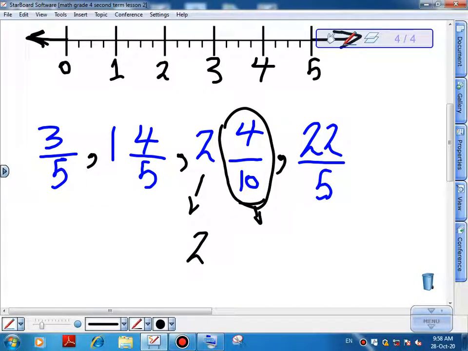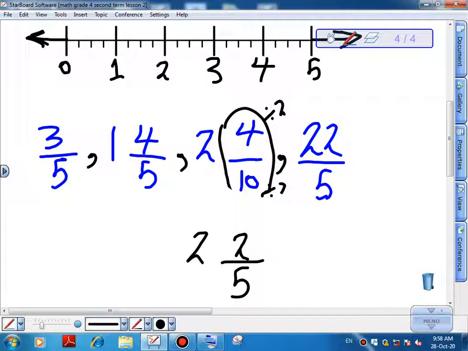How? 4 and 10 are even numbers, so both are divisible by 2. 4 divided by 2 equals 2, and 10 divided by 2 equals 5. 2 is not divisible by 5, so the simplest form of this mixed number will be 2 and 2 over 5.